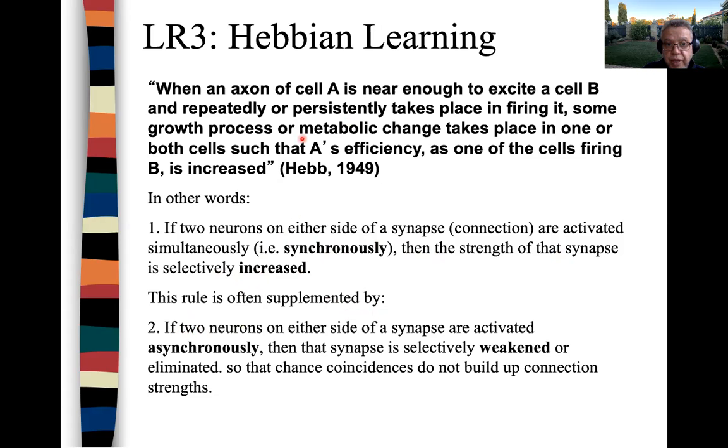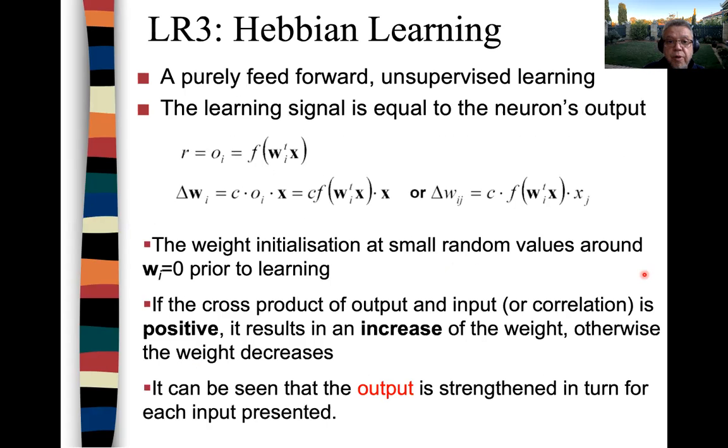If two neurons, A and B, on either side of a synapse are activated not at the same time, asynchronously, then that synapse is selectively weakened, reduced or even eliminated, so that chance coincidences do not build up connection strength.